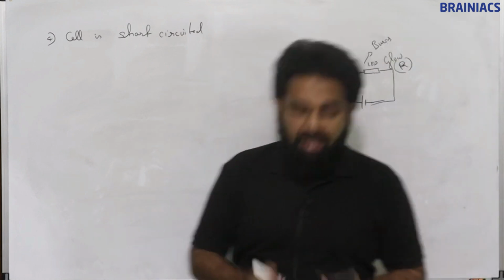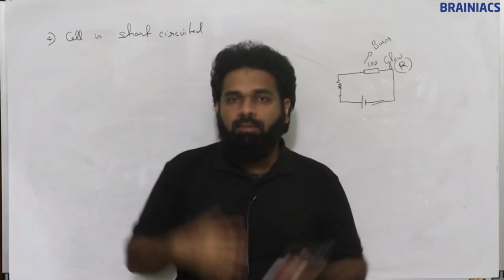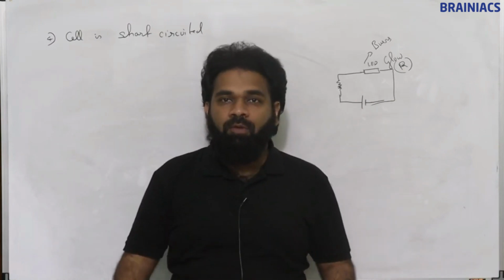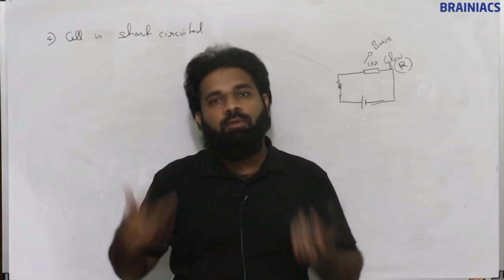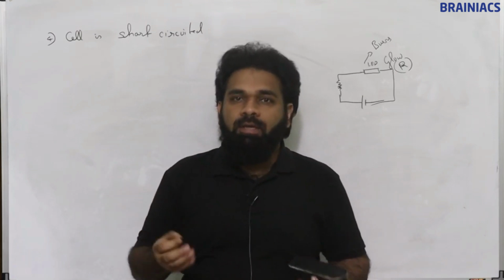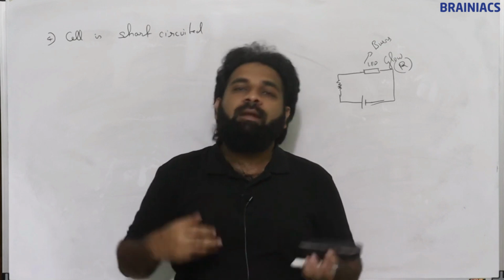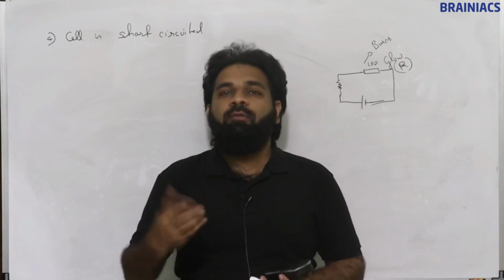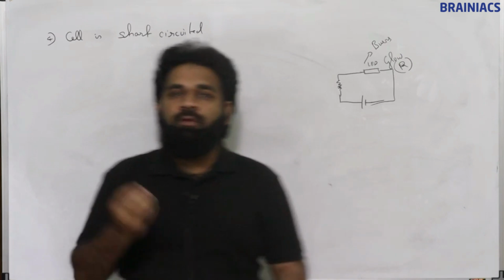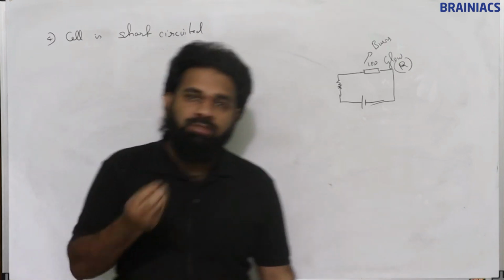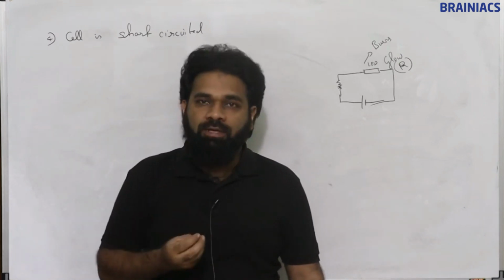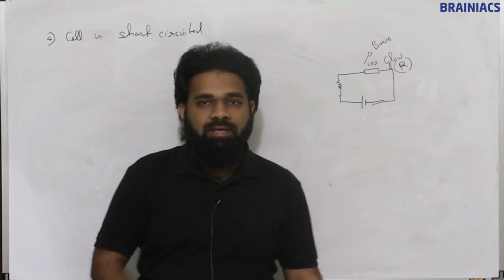Why? Because the LED has a capacity. If it takes the full current, it will burn off. If resistance is there in the circuit, less current will flow, the LED will not burn, and it will glow also. If you have done small circuitries or small projects, you might have seen this.